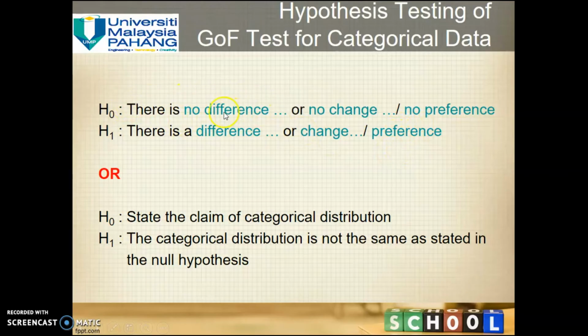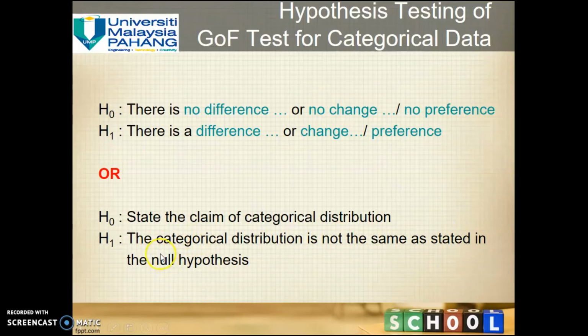So null here means that there is no difference between observed and expected frequency. That's what we mean. And H1 is that there is a difference between them. Or you can just state the claim of the categorical distribution as your null. What is the claim from the question? We state it as the null. So H1, the categorical distribution is not the same as stated in the null hypothesis.